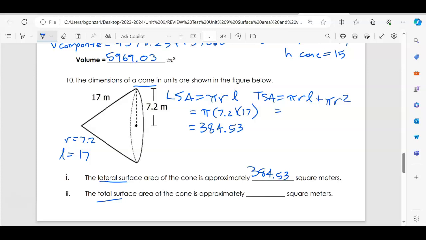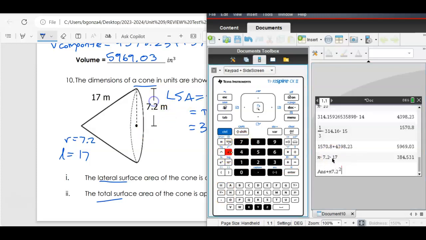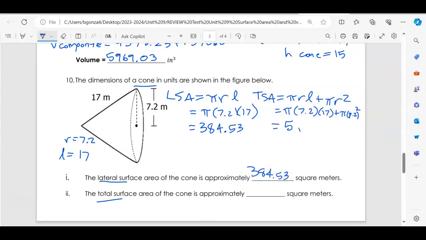And then over here it's pi 7.2 times 17 plus pi 7.2 squared, 547.39. That's also going to be in square meters.